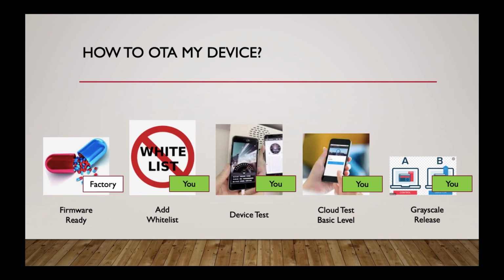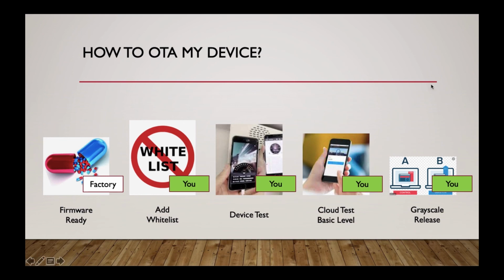Once I get the confirmed OTA firmware, I need a sample on hand because I don't want any problem to happen to my end users. And I want to add the device on hand to the whitelist so I can upgrade only this device to the new firmware version and test it.